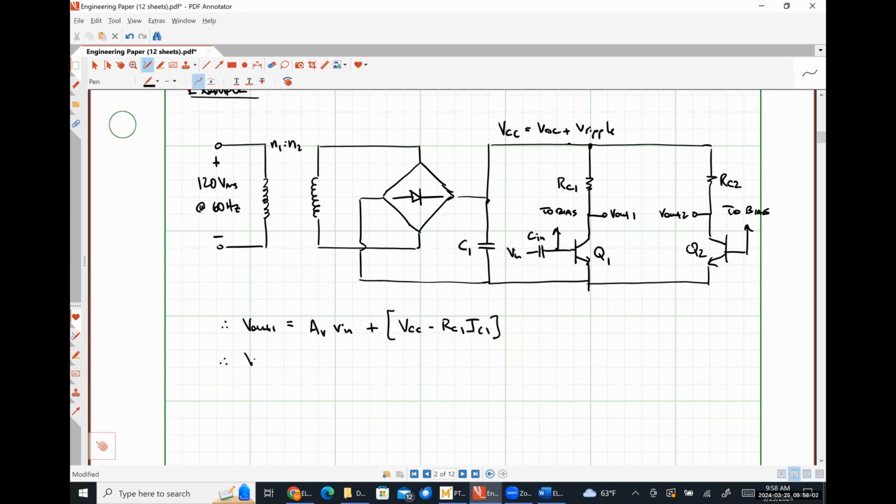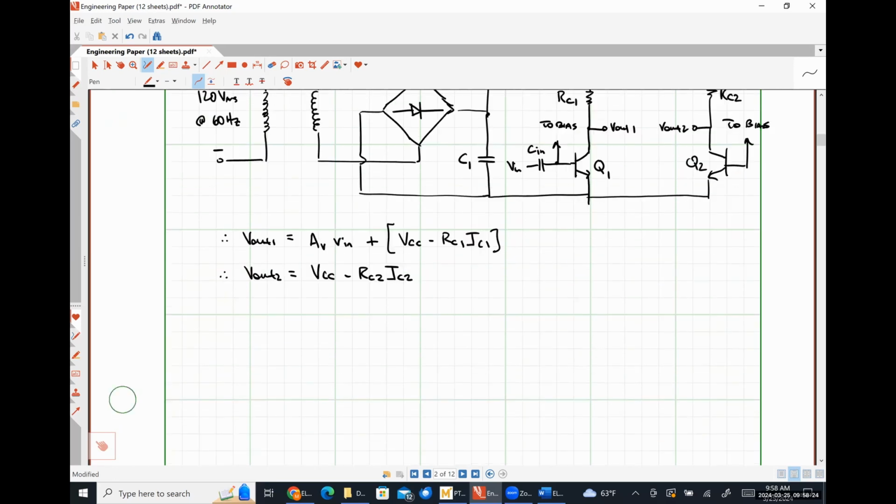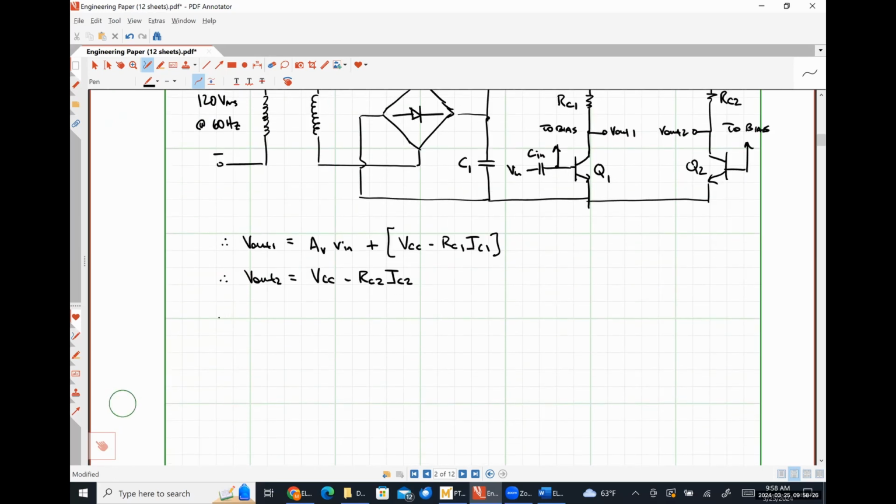V out 2, because we don't have any input signal that we're amplifying on that side, right? The base is connected effectively just to our bias network or a DC network. We have VCC minus RC2 times IC2.